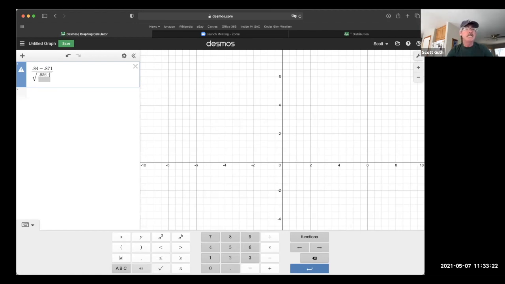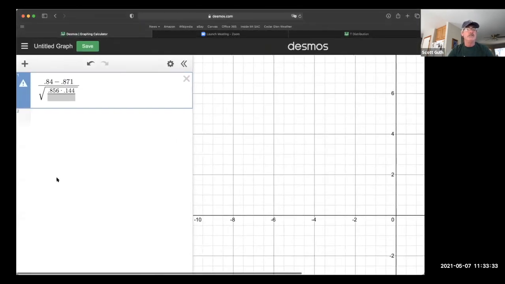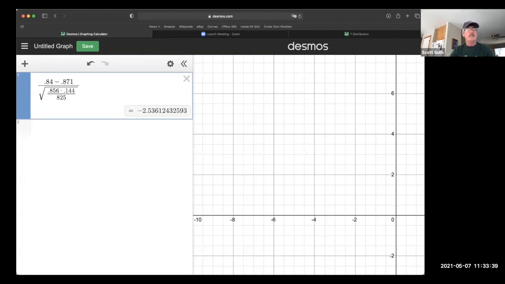And then a slash for the first fraction, which is 0.856 times 0.144. I'm going to stretch this out a little bigger here. There you go. And then down arrow to the denominator, 825. And then press the right arrow once. Do not leave the square root or you'll get the wrong answer.